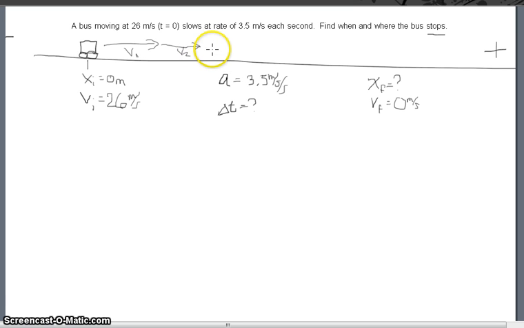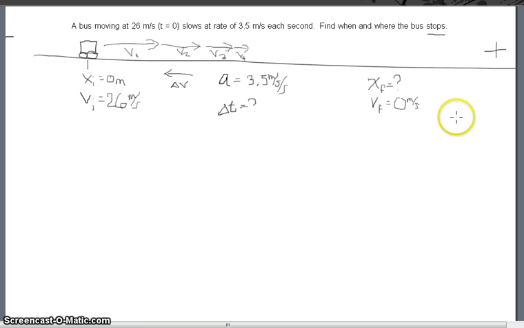V2, again, I apologize for the terrible handwriting here. I'm still getting used to this. So we have our V arrows getting smaller, and if they're getting smaller, that means our change in velocity arrow is going to be pointed in the opposite direction. So our change in velocity arrow is going to be pointed to the left. I'm going to label this delta V.